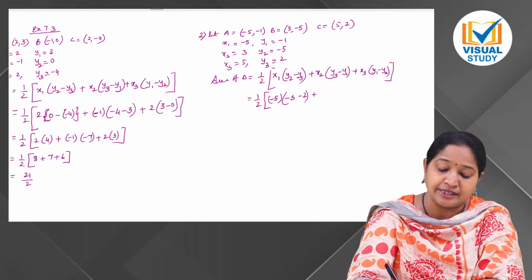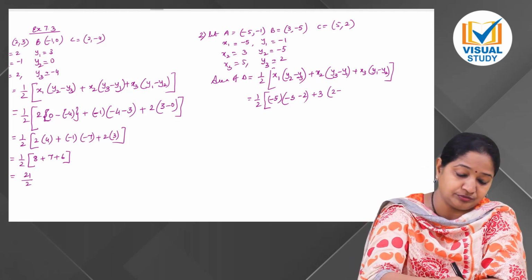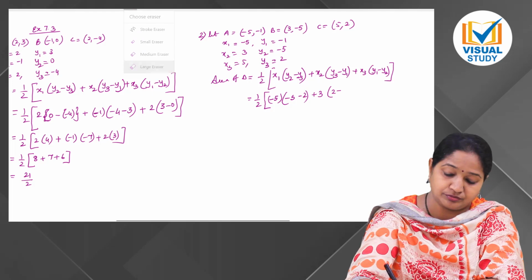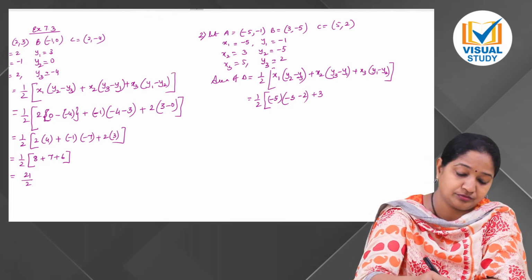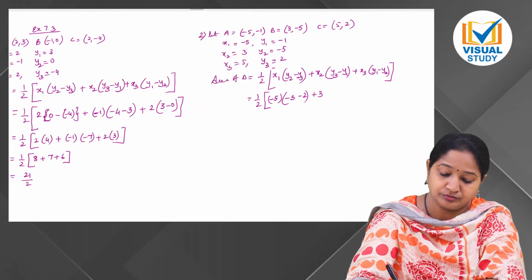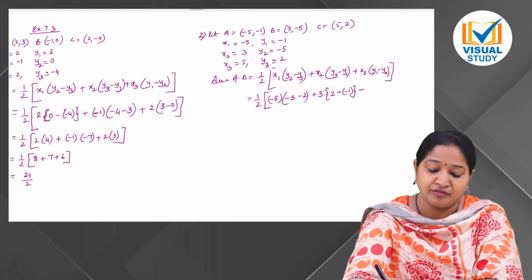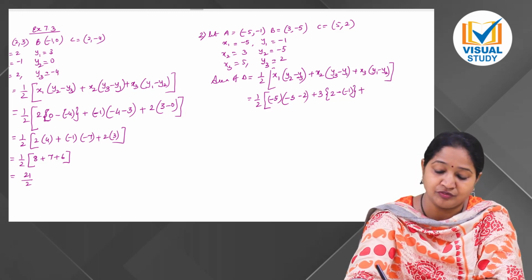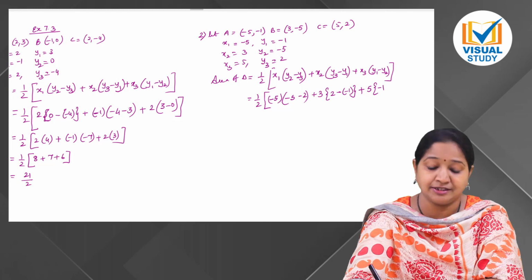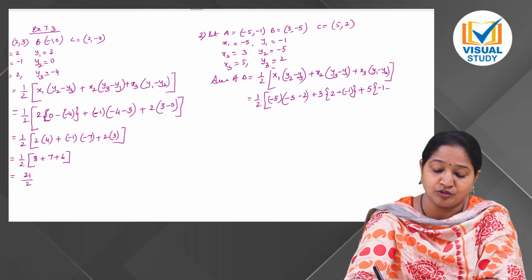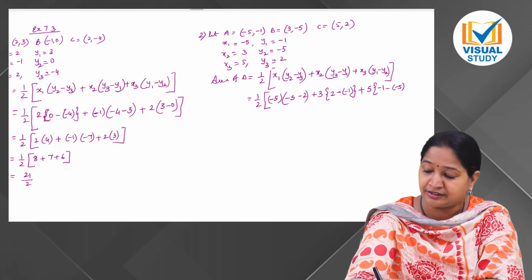Then x2 is 3, y3 is 2 minus of minus 1, plus x3 is 5, again y1 is minus 1, y2 is minus of minus 5, and you get this.